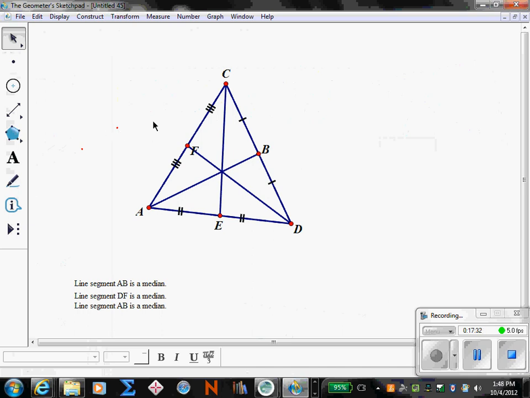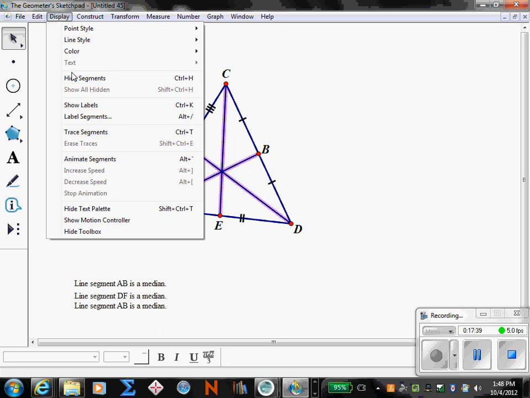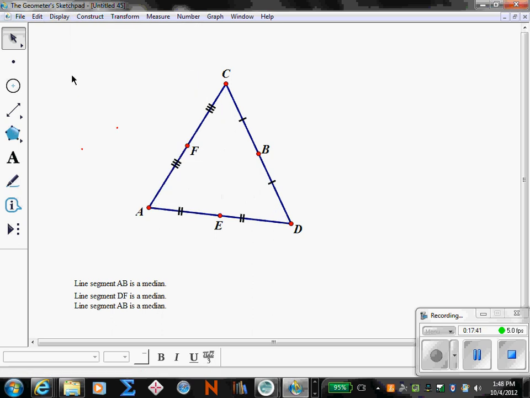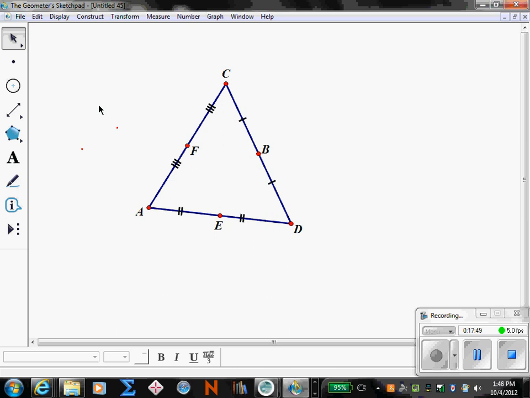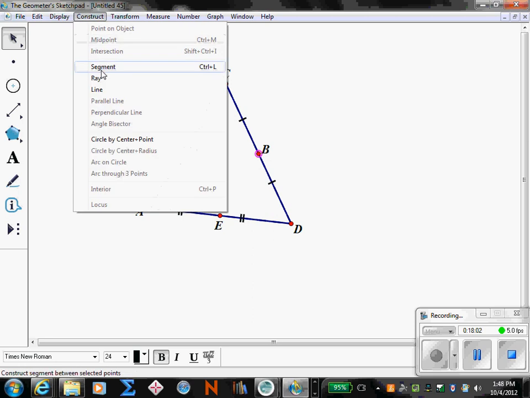So I am going to hide the three medians so that we don't have to start from scratch. So looking at this picture, I see a triangle ACD with midpoints F, B, and E. So if I'm going to construct mid-segments, I will connect F to B, and that is a mid-segment.